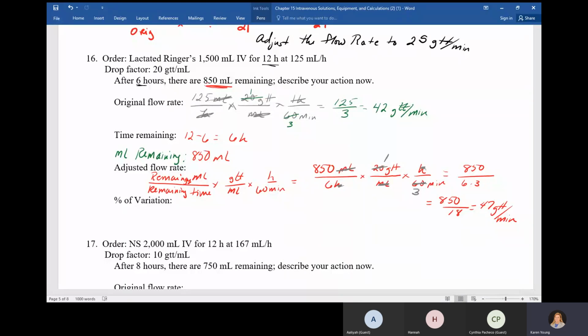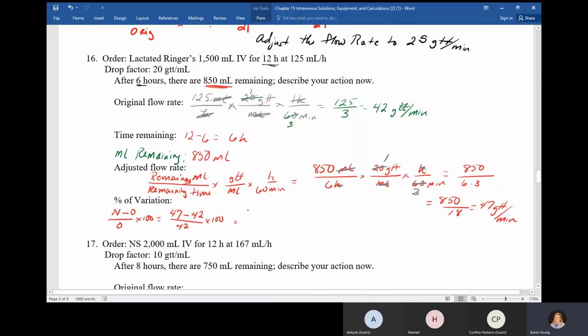Okay, just like before, to find the percent of variation, it's the new minus the original divided by the original times 100. So I've got 47 minus 42 over 42 times 100.